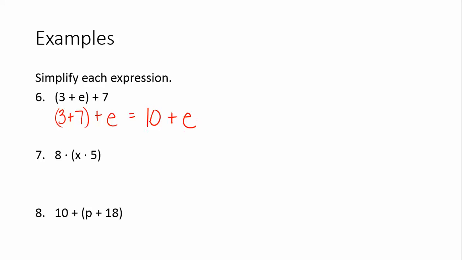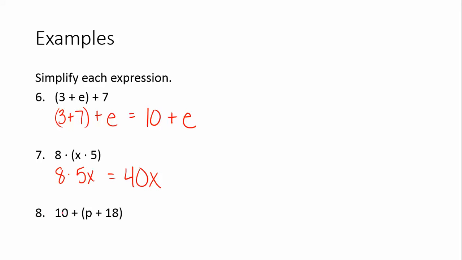We've just grouped things differently. Here we have 8 times x times 5, so we could regroup here, or you don't even really have to. You can do 8 times 5x, and 8 times 5x is 40x.